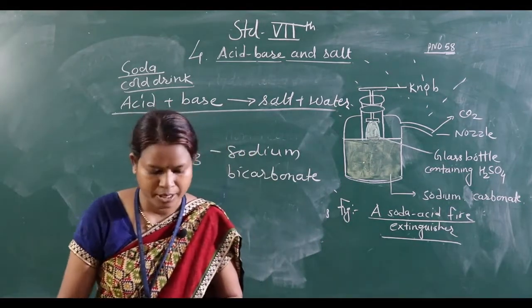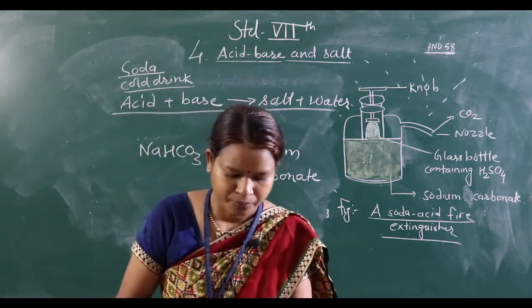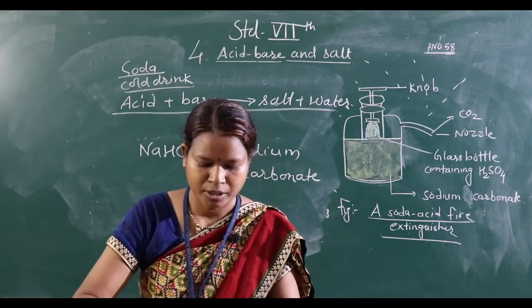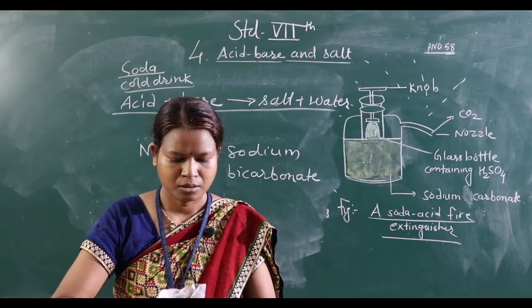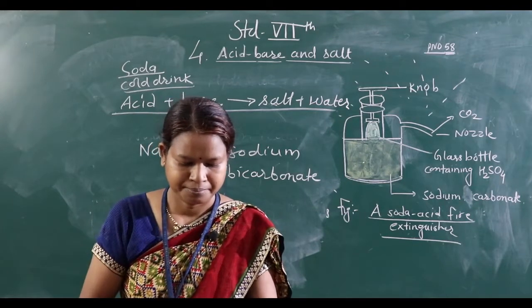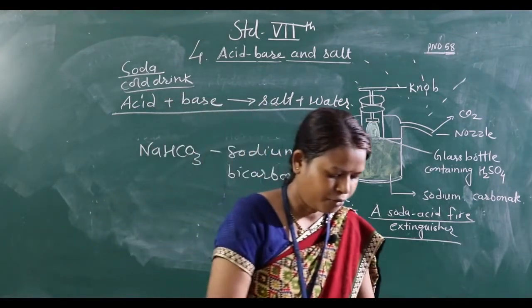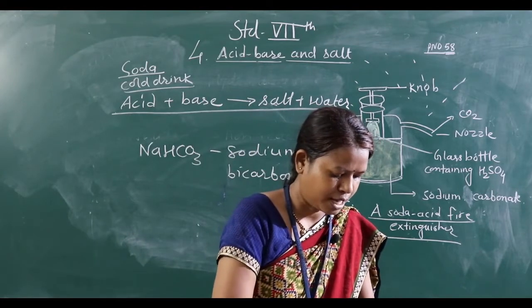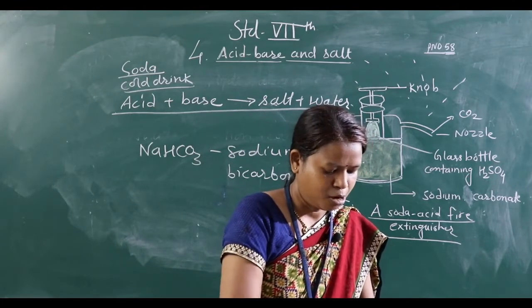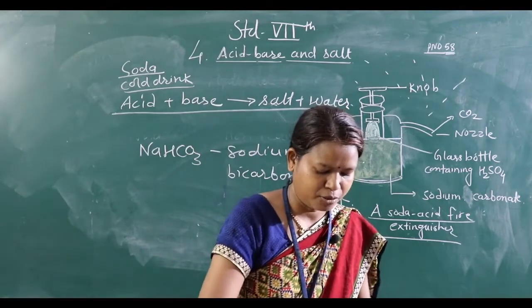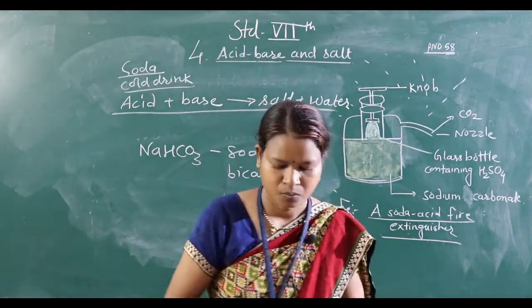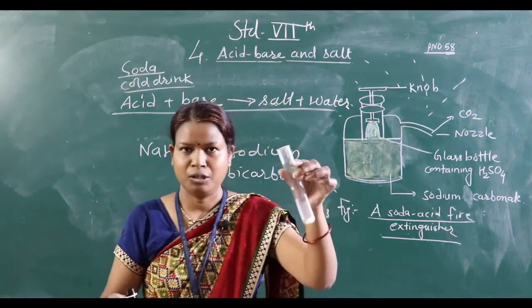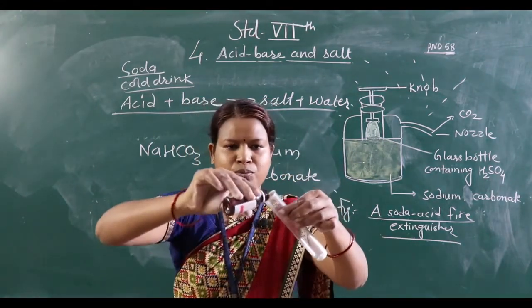Now we can take a small amount of this soda into a test tube. Vinegar: I told you that acid, citric acid or vinegar, is present at our home also. So this is vinegar. I am going to add it; look carefully at this test tube.